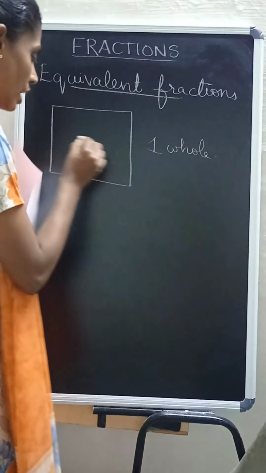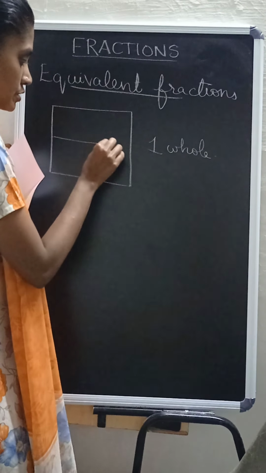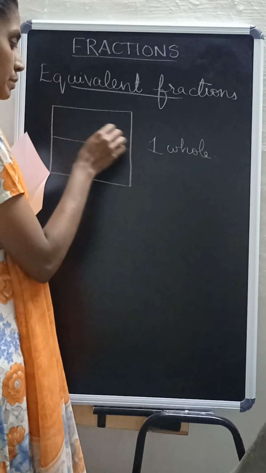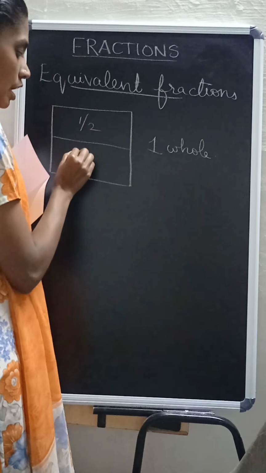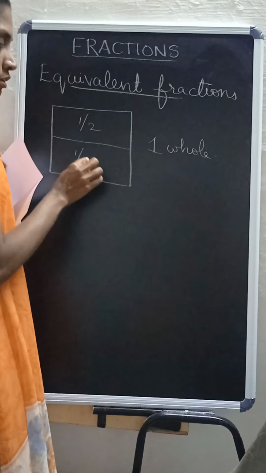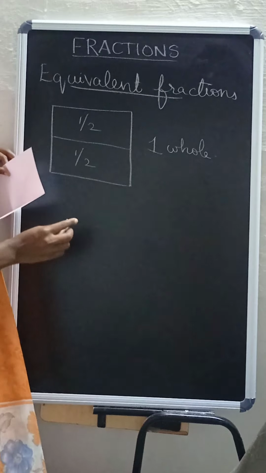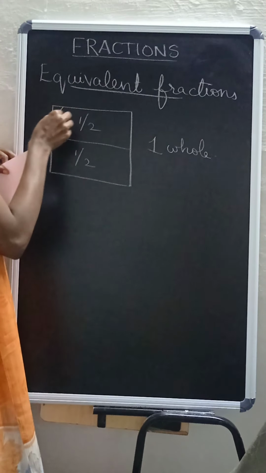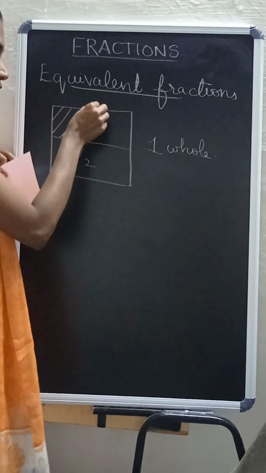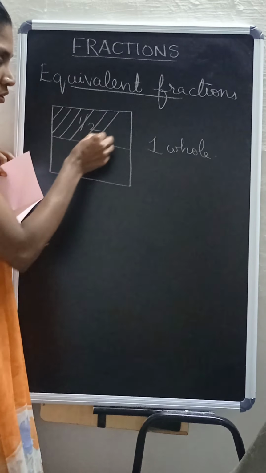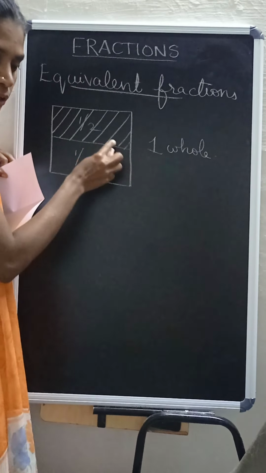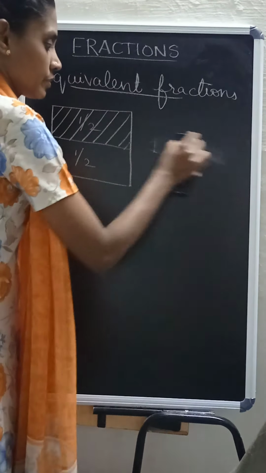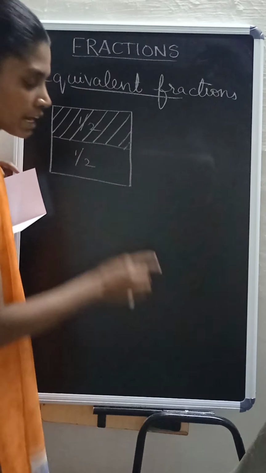I am splitting it into half. So now this one whole is split into half. Two halves. Correct? Now I am going to shade one half. So now what happens here? Now what is the answer for this?